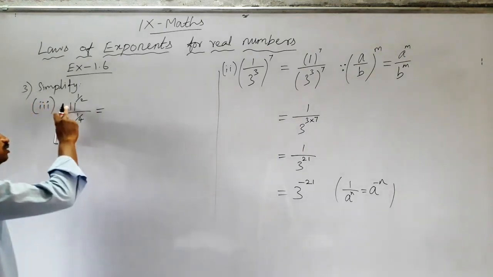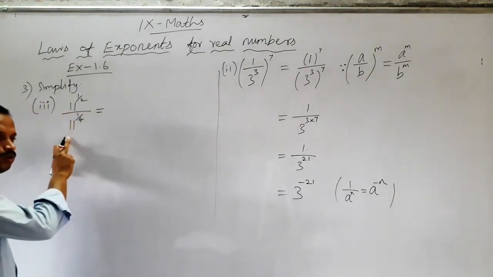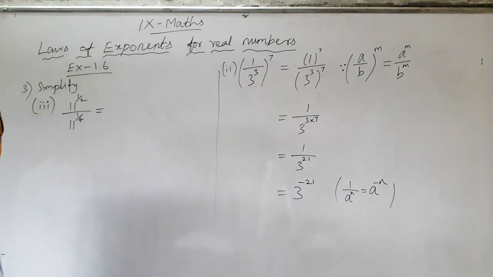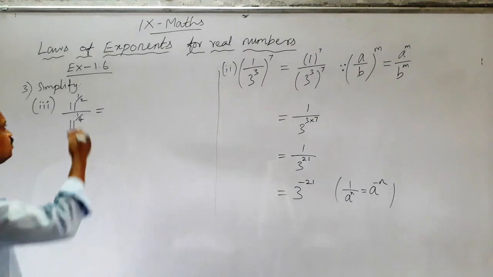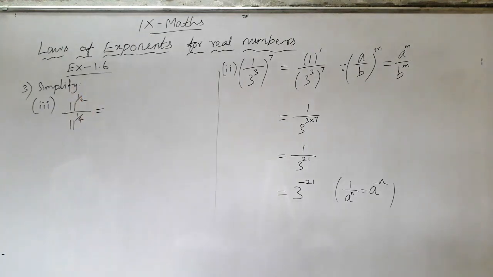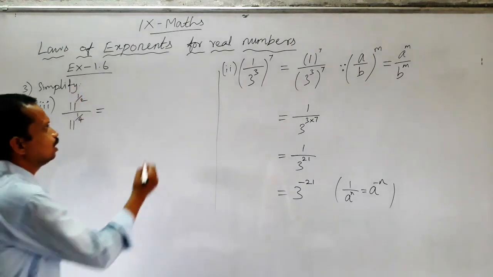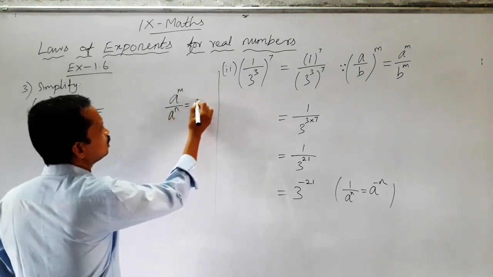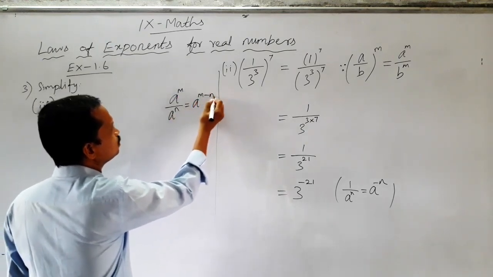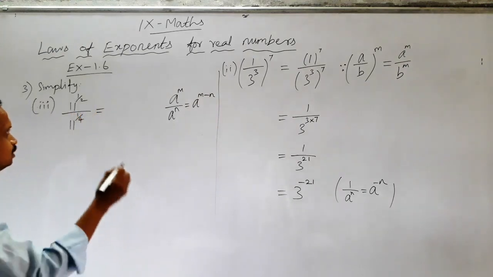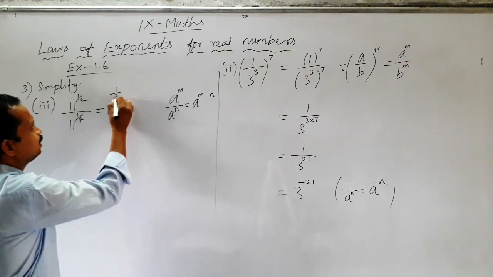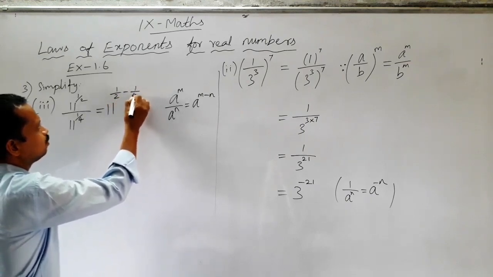So the base is 11 and in the denominator also the base is 11. The powers are different. Anyhow, you know the law a power m by a power n is nothing but a to the power m minus n. As per that law, you can write this as 11 to the power 1 by 2 minus 1 by 4.